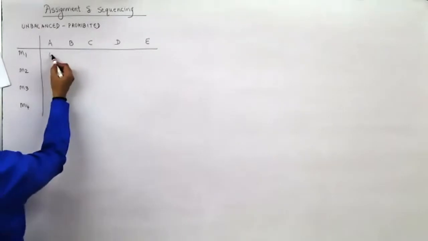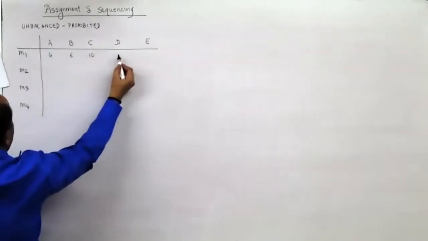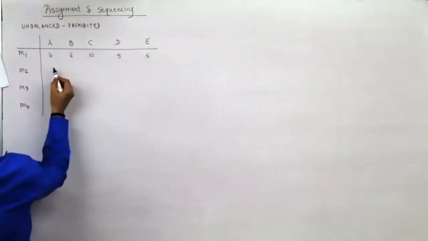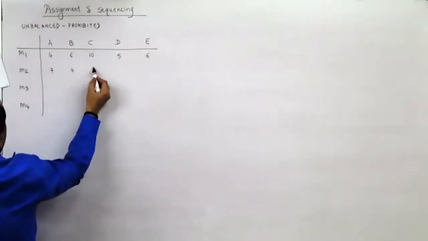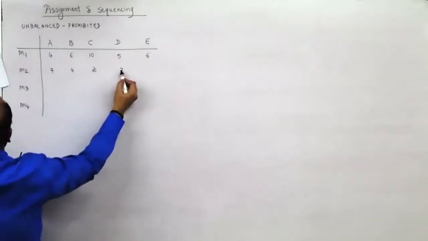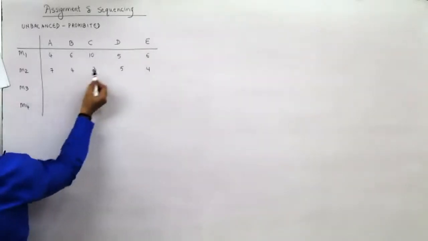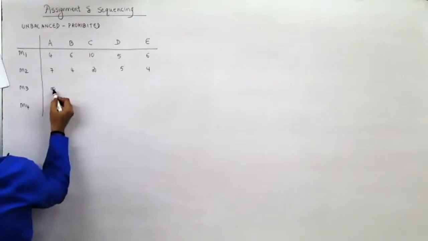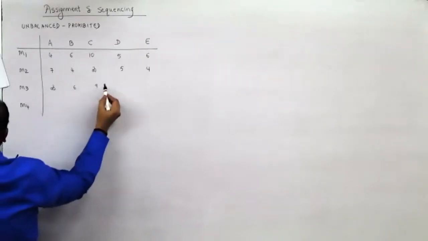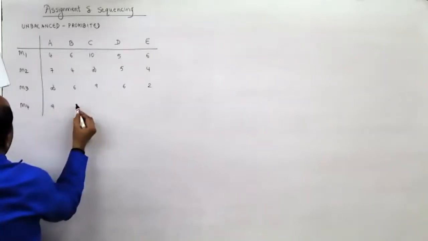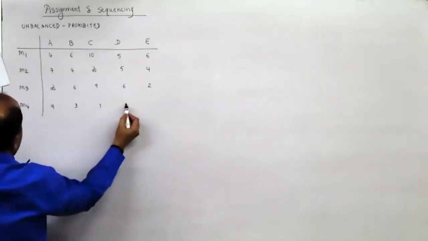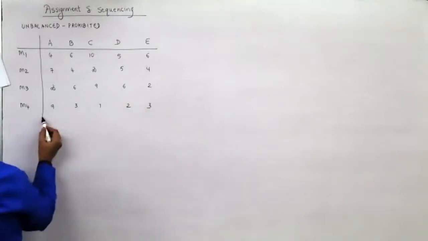Now, these are 4, 6, 10, 5, and 6, 7, 4. This is infinity. I'll mark this with infinity. This is 5, 4. This is infinity. 6, 9, 6, 2, 9, 3, 7, 2, and 3.